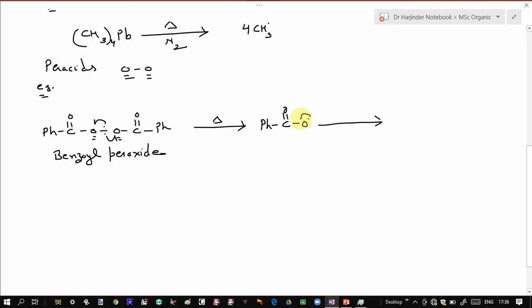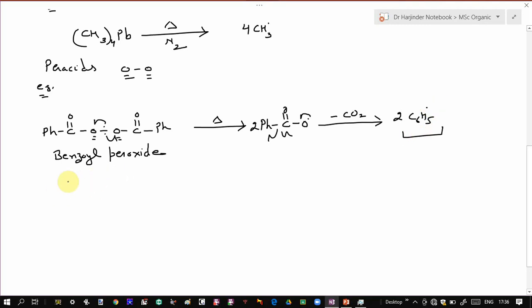So this electron shifts over here and this bond also breaks. With the loss of carbon dioxide, this gives rise to two molecules of phenyl radical. So in this way, these phenyl radicals can be generated.